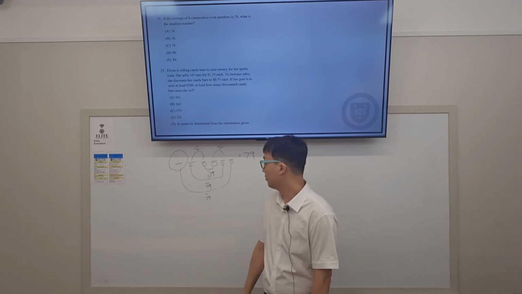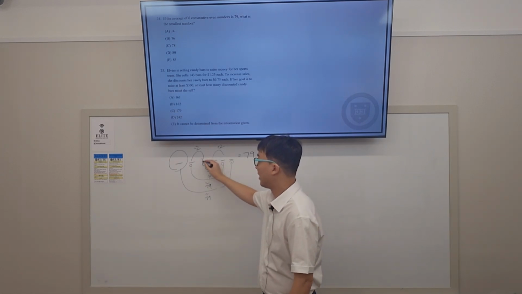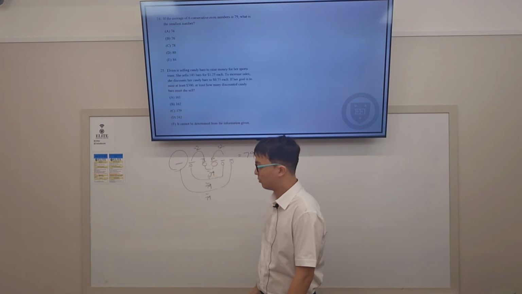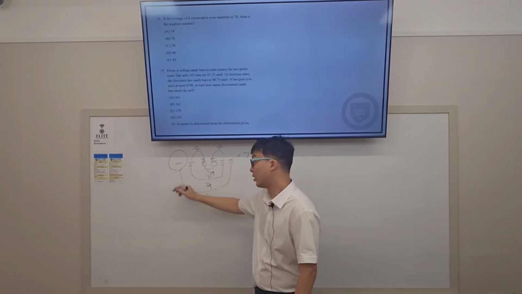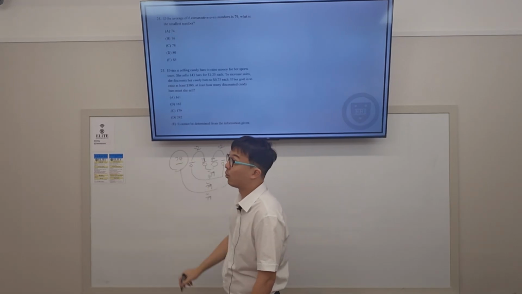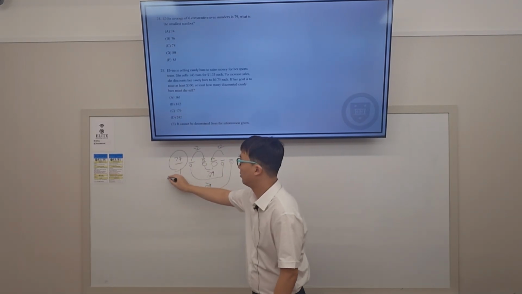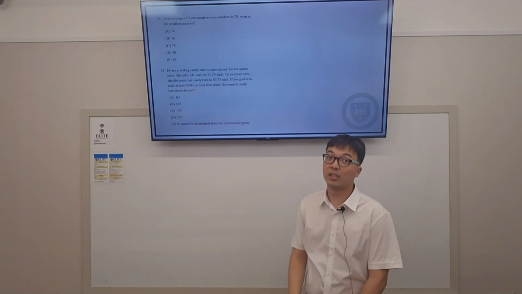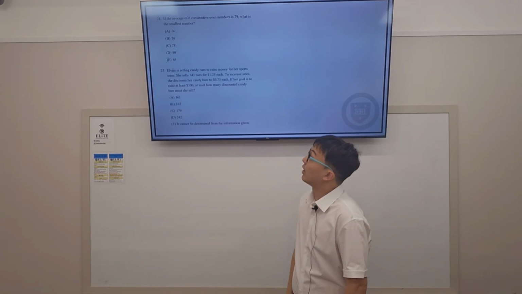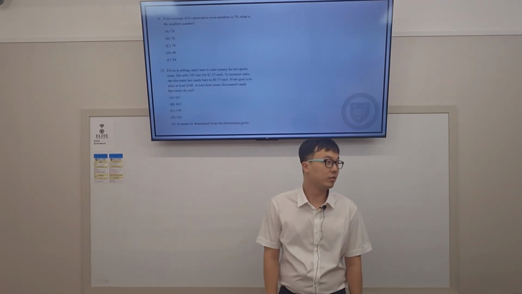What does this mean? This means that this must be 78 and this must be 80. And because this value is this value minus 4, we conclude that this value is 74, which is A, which is our answer.